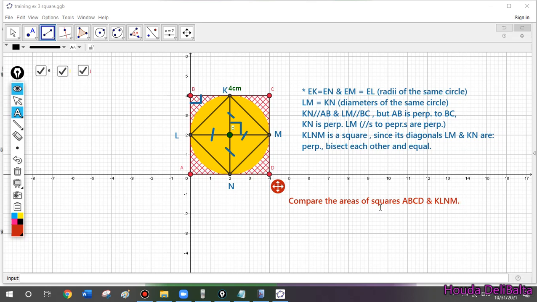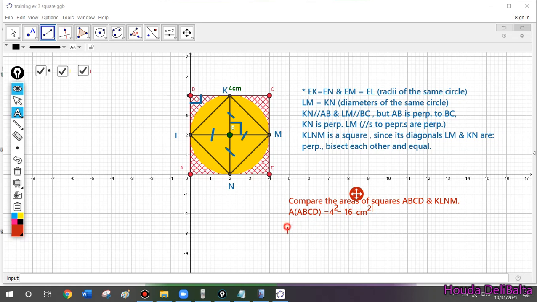Now, according to the area of ABCD, definitely we are going to use this side because we know this side. So it is 4 power 2 because I know this side, which is 4. So it is 4 power 2, which is 16 centimeters squared.